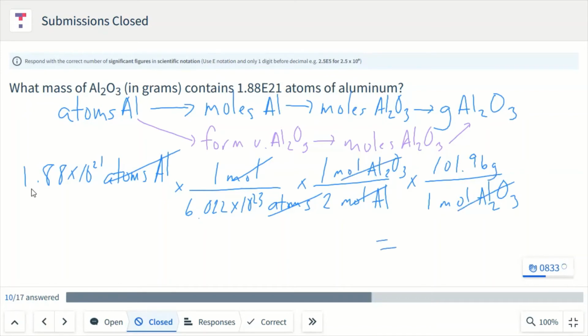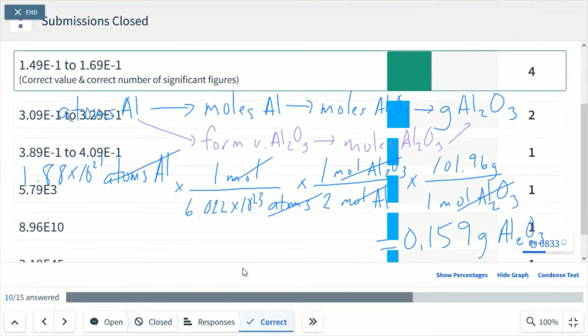So if I do all the calculating, 1.88 times 10 to the 21st, multiplied by 101.96, divided by Avogadro's number, divided by 2, to 3 significant figures, I get 0.159 grams of aluminum oxide. And that should be the correct answer.